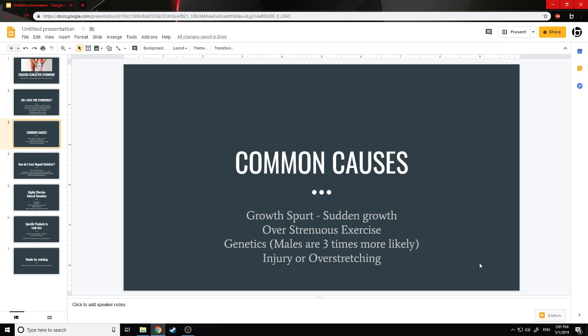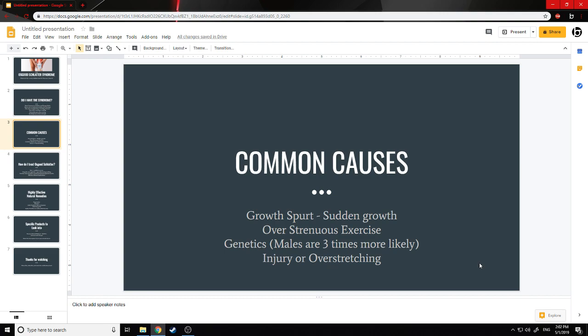So the common cause is, like we talked about, growth spurts, sudden growth. Your bones are growing so fast that your muscles can't keep up, and so that is causing the strain. That's causing the continuous pain in your knee. Overstrenuous exercise can cause this, or inflame the area even further if you're already dealing with this.